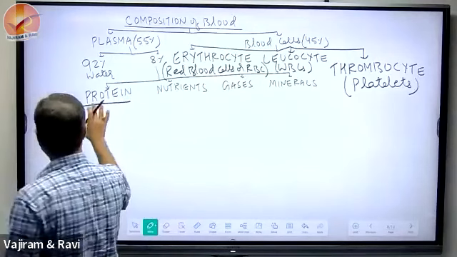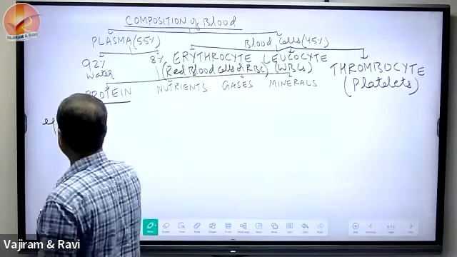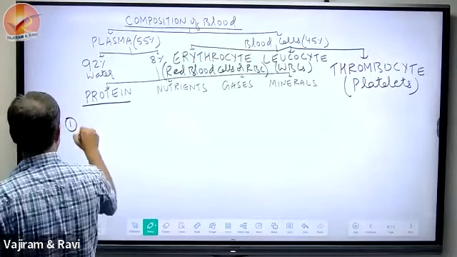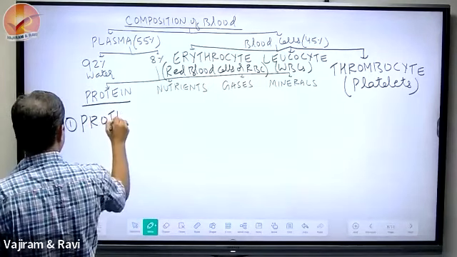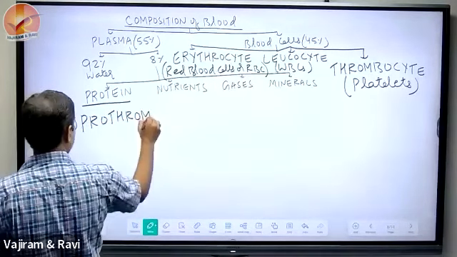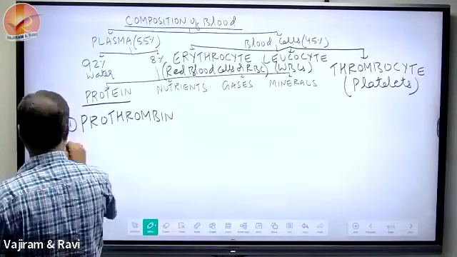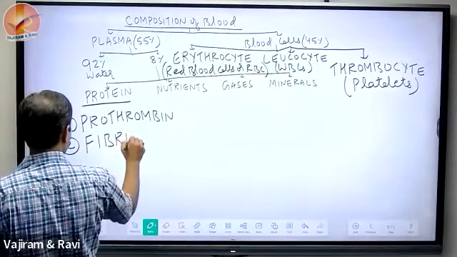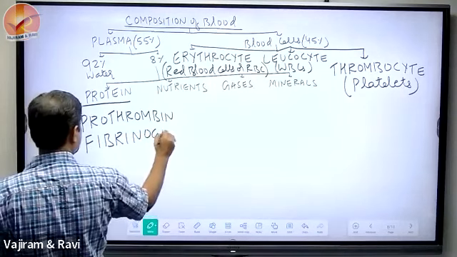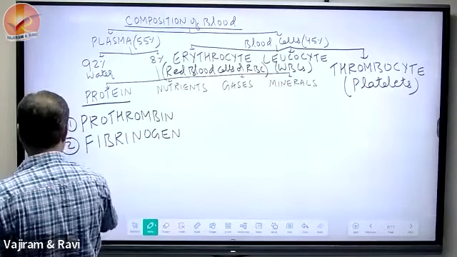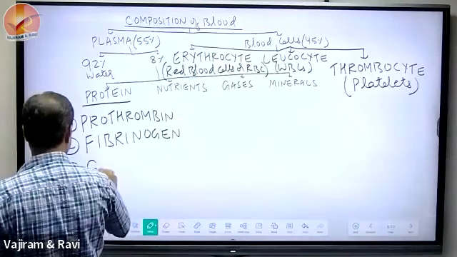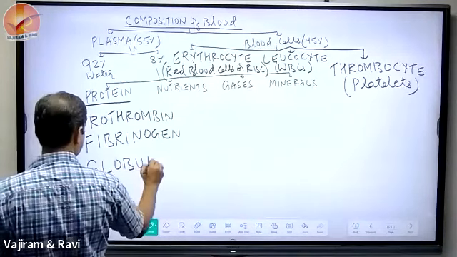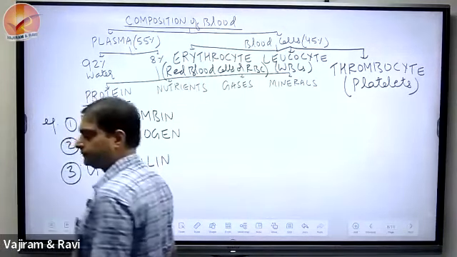Now, examples of plasma protein. First one, prothrombin. Second, fibrinogen. Third, globulin.